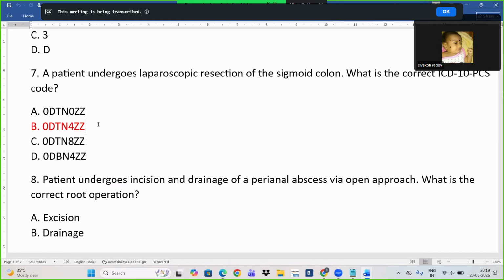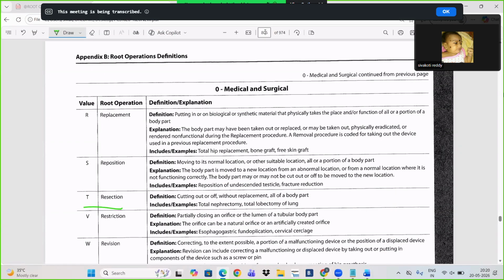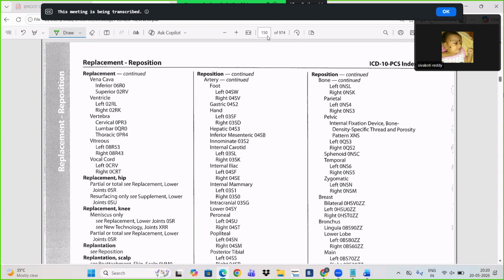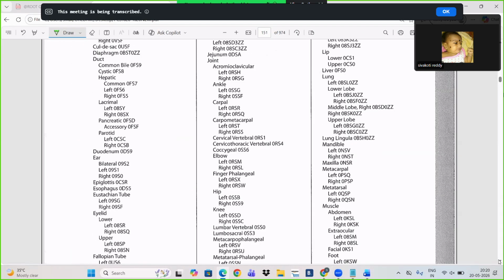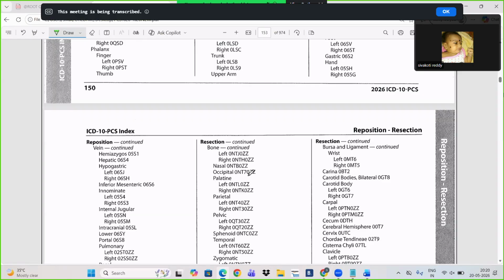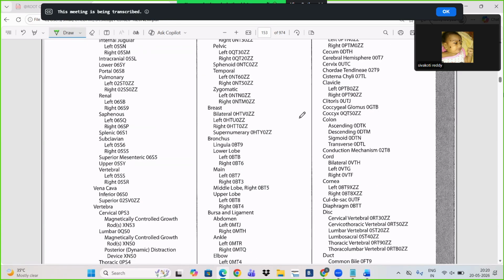I will lead directly: under resection, colon, sigmoid, 0DTN, same, right? Then percutaneous endoscopic 4, ZZ. That's it.